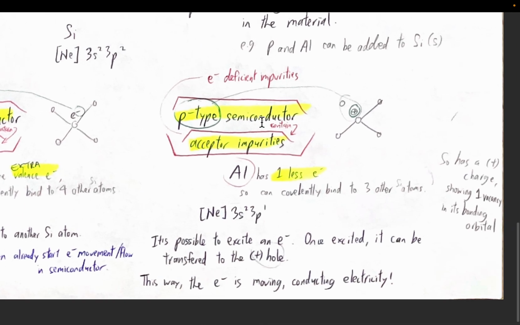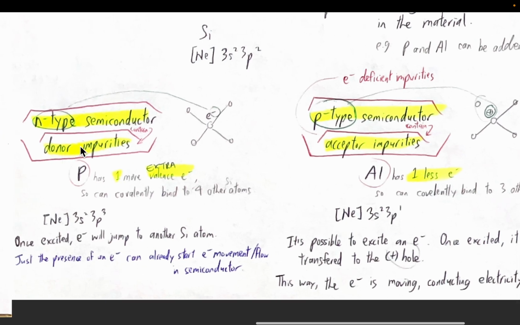And the P-type semiconductor basically contains acceptor impurities. We have aluminum as an example. It has 1 less electron. That's a difference compared to what's described in an N-type semiconductor.